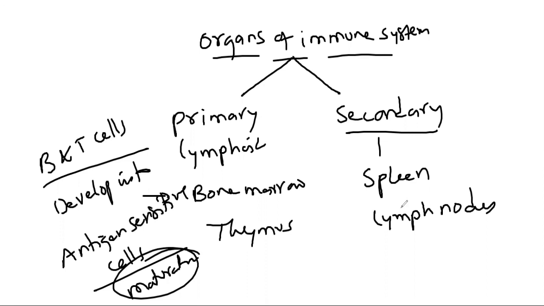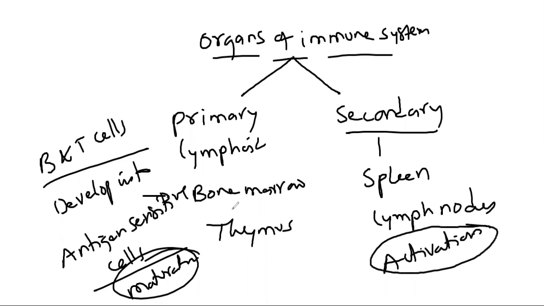Whereas in case of secondary lymphoid organs, we can observe the activation of immune cells like B and T cells. What happens in this particular area?